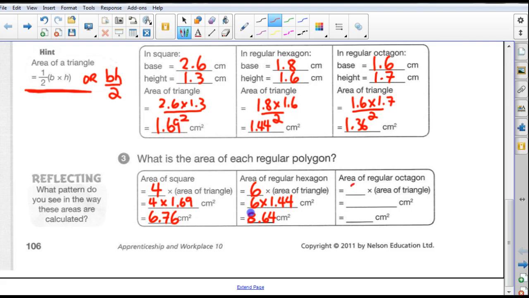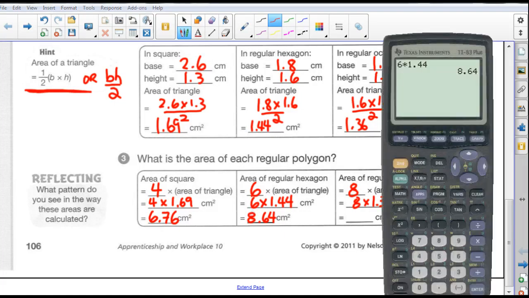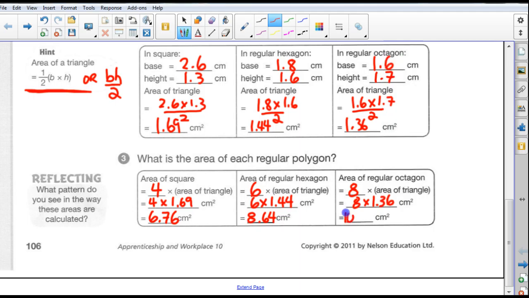An octagon has 8 sides, 8 triangles that are all the same. So we just take 8 and multiply that by 1.36, the area of one triangle. There's 8 of them. So 8 times 1.36, and I get 10.88 centimeters squared. Not very difficult to find the area of a regular polygon.